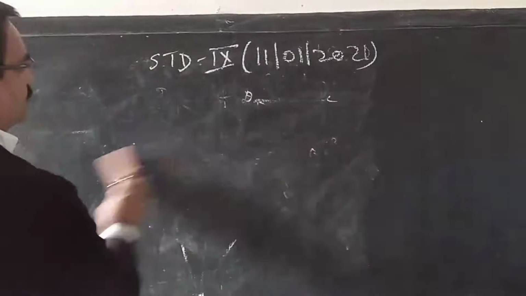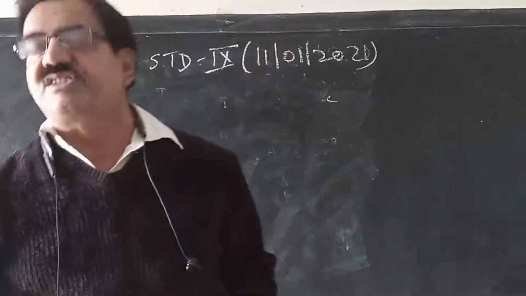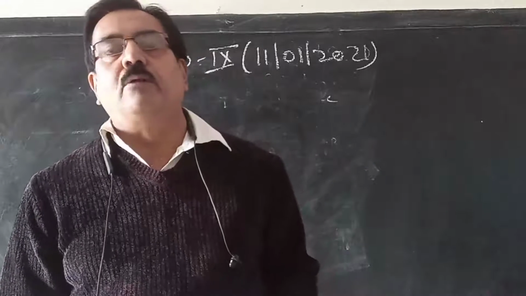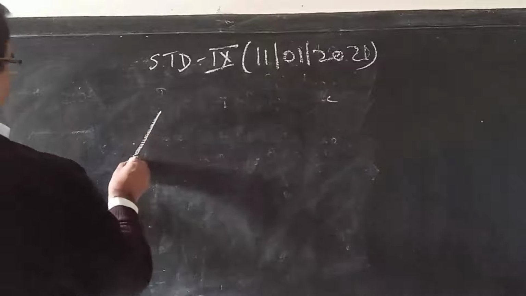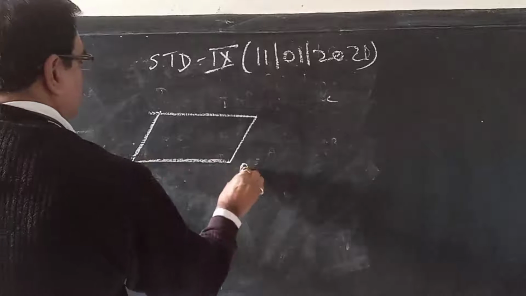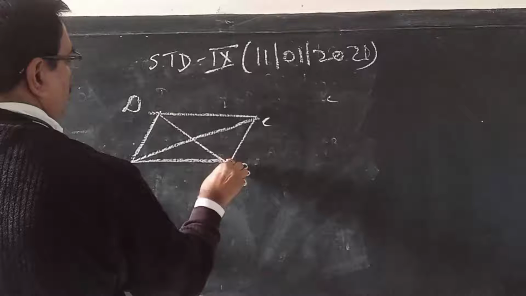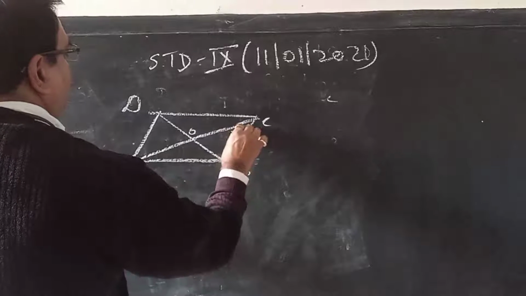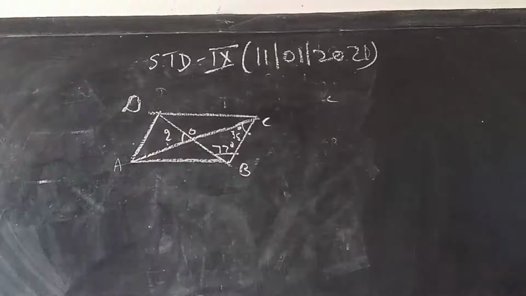See the first question. You know the sum of all angles of a parallelogram is 360 degrees, as only four angles are there, a quadrilateral. In this parallelogram, this angle is given 35 degrees, this is given 77 degrees, and you have to find this angle.